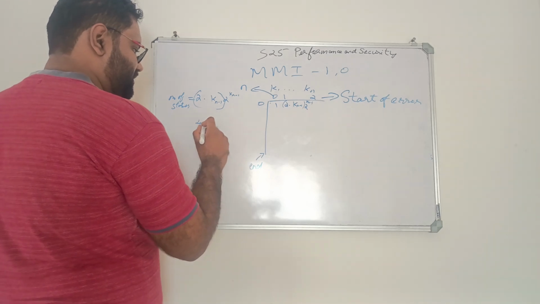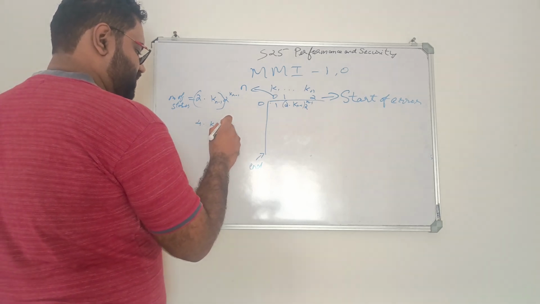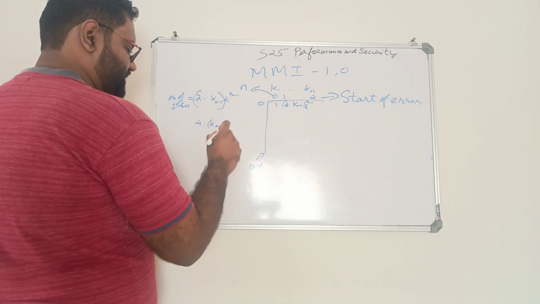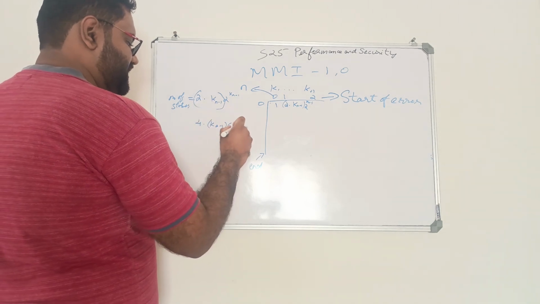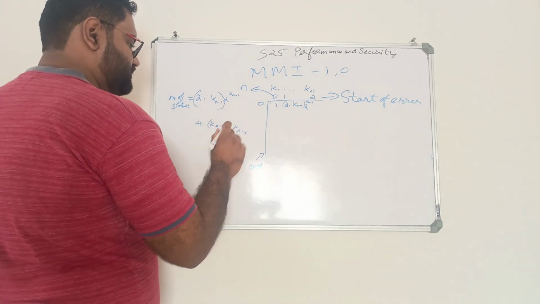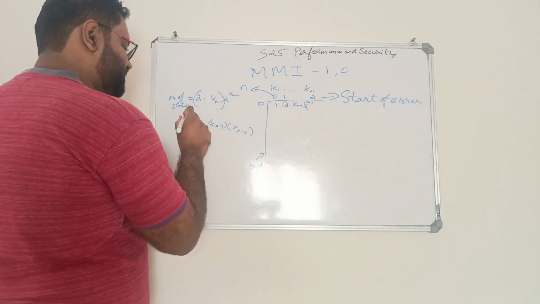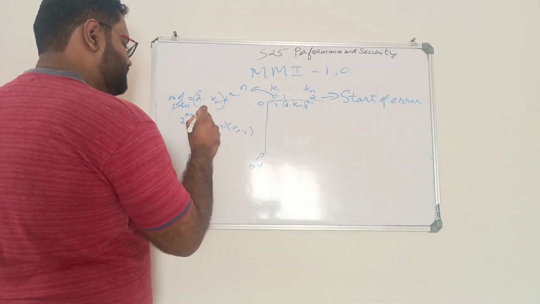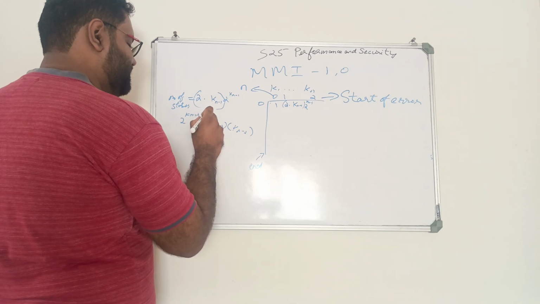So I have 4 times k n minus 1 times k n minus 2 times 2 to the power k n minus 1 plus k n minus 2.